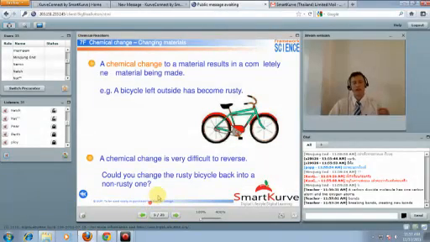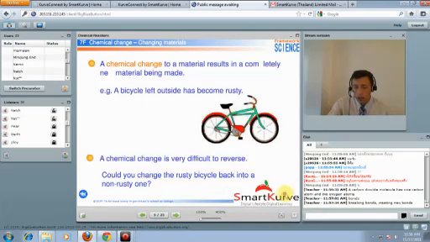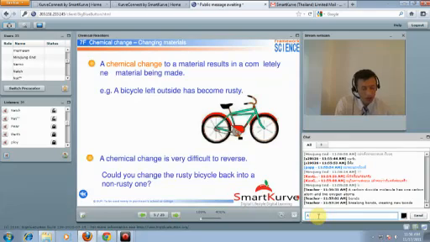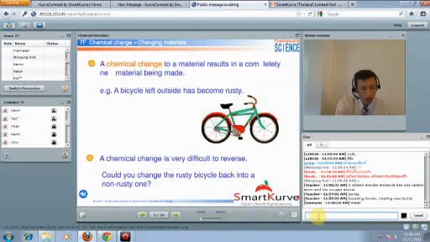Let's look at the example that they give. A bicycle left outside has become rusty. What is rust? What has happened here? What element is the bicycle made of? Remember, at the very beginning of our lesson, we looked at different materials.